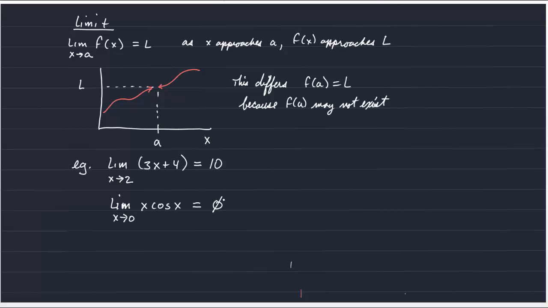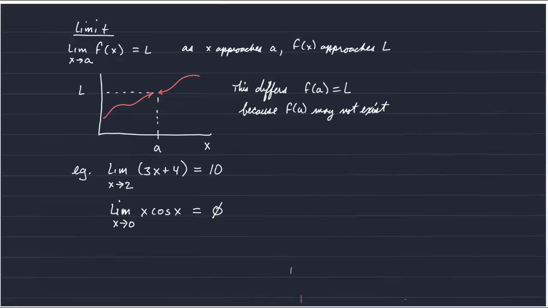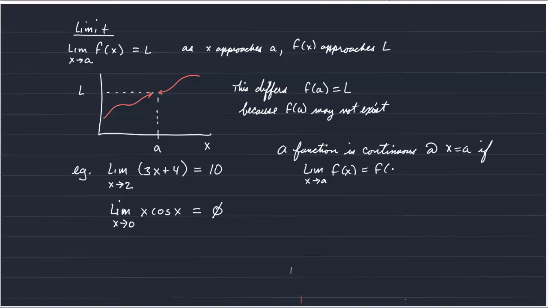So these are some relatively simple examples, and I've mentioned a couple of times in these two examples that the functions are continuous, but let me just define what that means. A function is continuous at point x equals a if the limit as x approaches a of that function is equal to f of a.